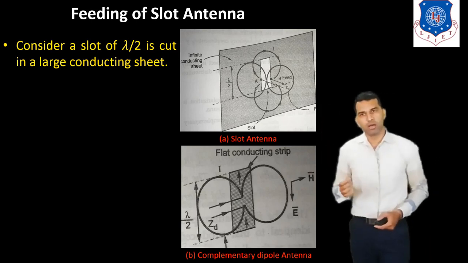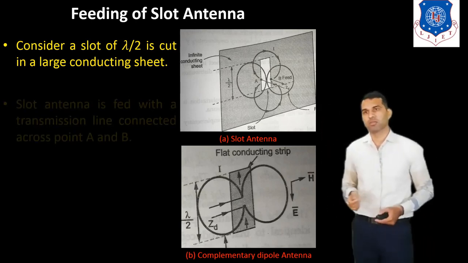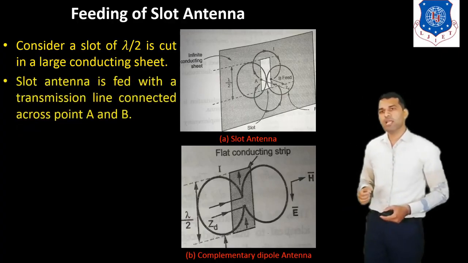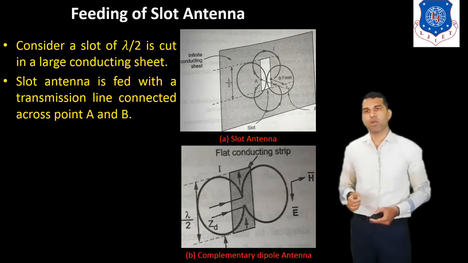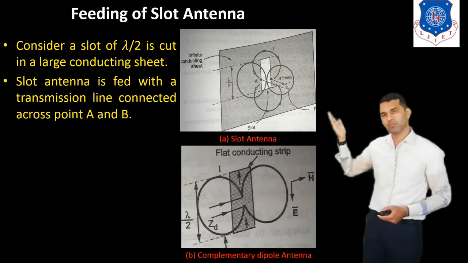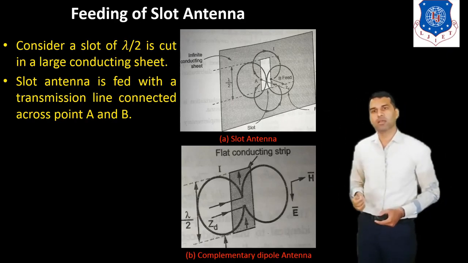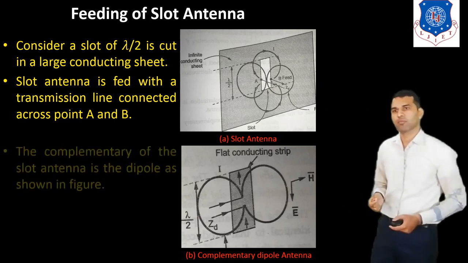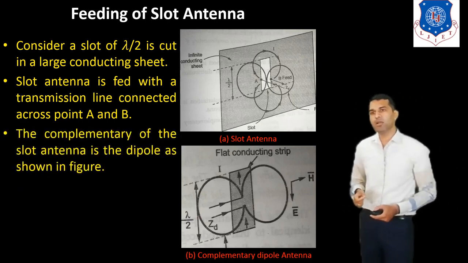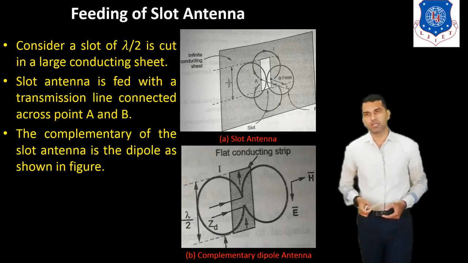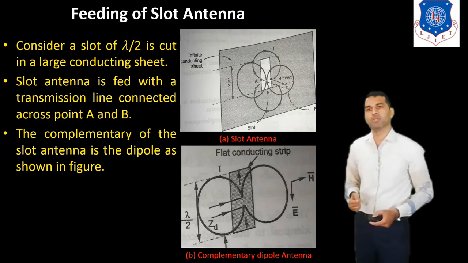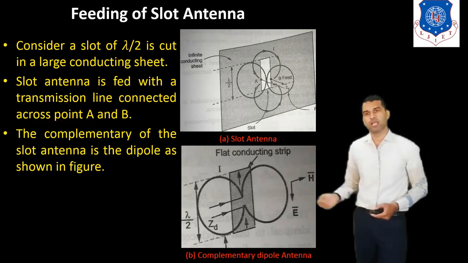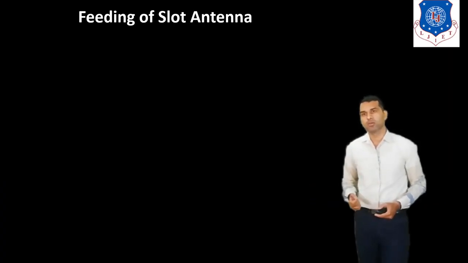The slot antenna is fed with a transmission line connected across points A and B. So here we have given the supply at points A and B. The complementary of the slot antenna is the dipole, as shown in the figure. So this is the complementary of this slot antenna. This is nothing but the dipole.